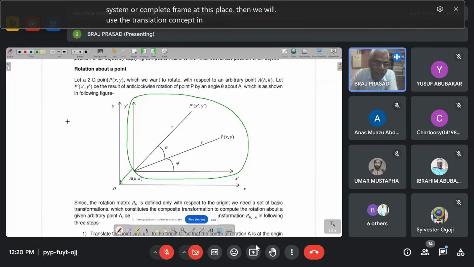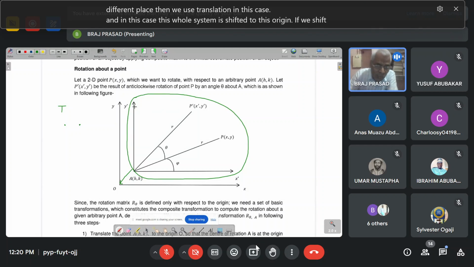In translation, we shift the point to a different place. So if we shift the object to a different place, then we use translation. And in this case, this whole system is shifted to the origin.